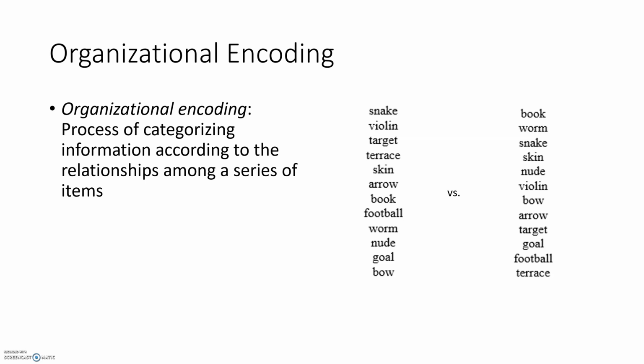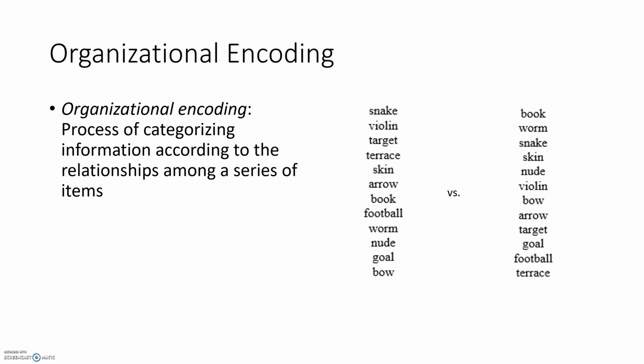However, if you organize them according to relationships, then it becomes easier. So this list on the left, those words are just kind of in a random order. However, book, warm, snake, skin, nude, violin, bow, arrow, target, etc., those kind of go more in an order of meaning, and there's a more logical flow between them. So that is a much easier list of words to memorize.